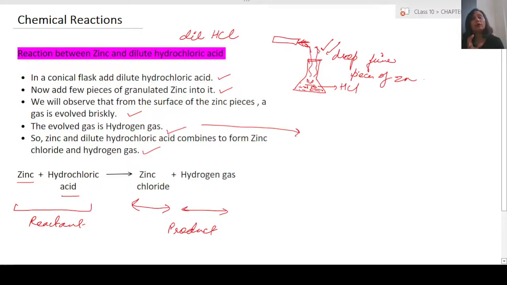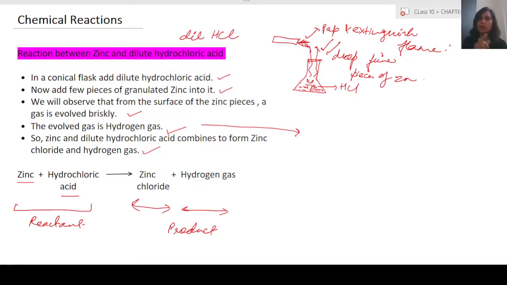If on bringing a lighted candle near the mouth of the conical flask you hear a pop sound, followed by extinguishing of the flame, then you will say that this is hydrogen gas. Because if it is oxygen gas, the size of the flame will increase, because oxygen supports burning.